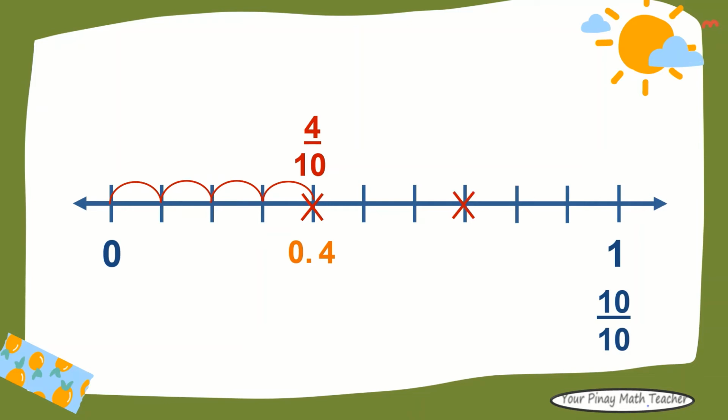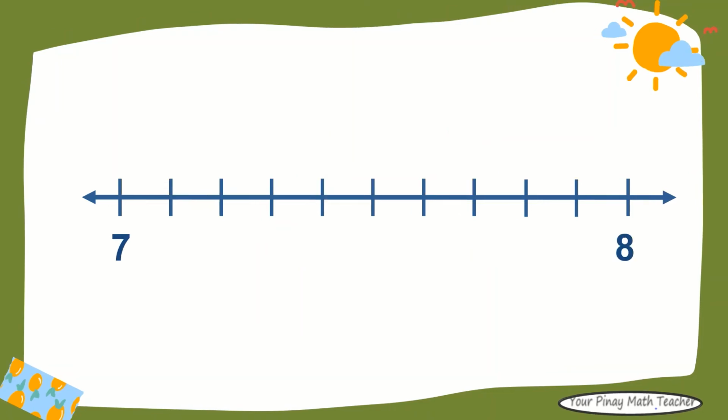How about this one? Okay, starting from 4 tenths, we have 5 tenths, 6 tenths, 7 tenths, which is also equal to 0.7. Again, 0.7 is less than 1 whole but greater than 0. That is why its whole number is 0. Another example, from 7 to 8, it's divided into 10 equal parts.